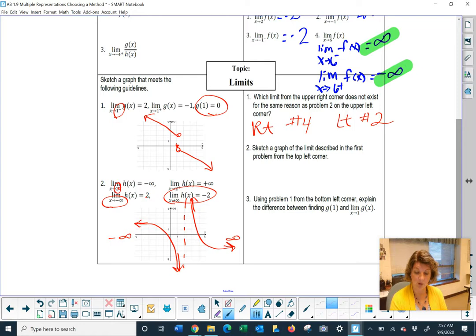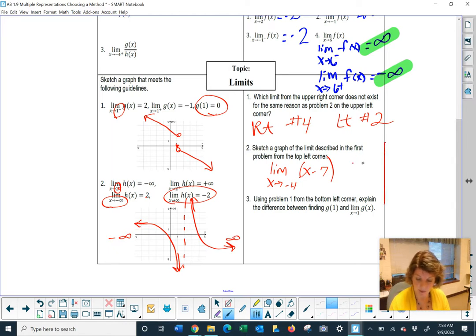Sketch a graph of the limit described in the first problem in the upper left-hand corner. If you recall, that reduced down to the limit as x approaches negative 4 of x minus 7. And that function agrees with my original function at every spot except at negative 4.